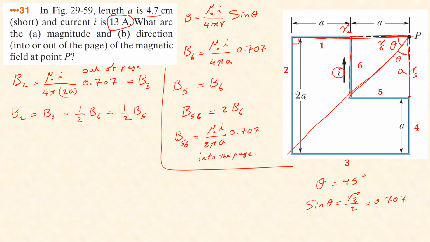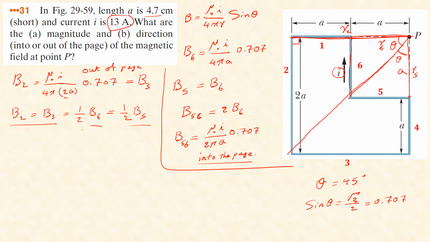All right. So you see these two add up and cancel some of the B5 and 6. So we have B5 plus B6. These two add up and cancel one of B5, so the net result is the same as B6, right?